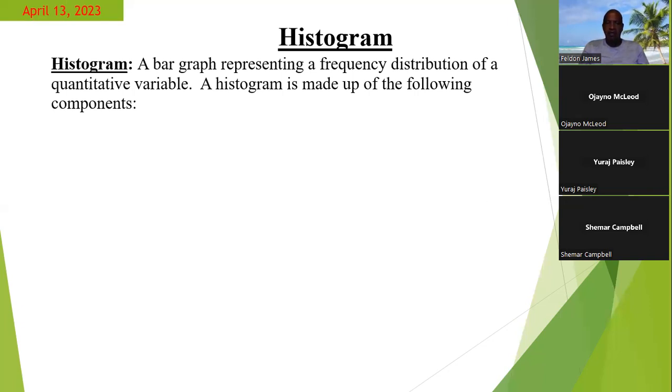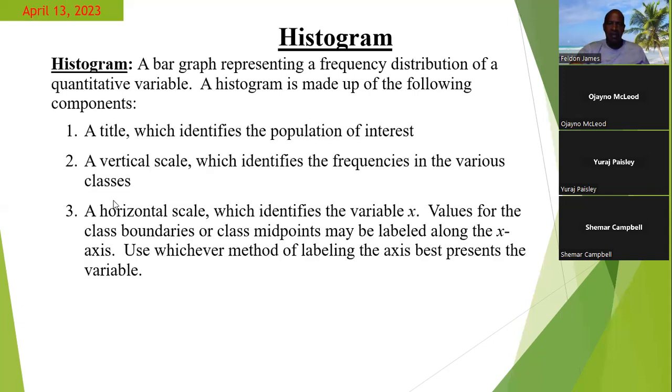For the histogram, we can do the same thing by using the height of the bar, but in some cases we can also use the area of the bar to represent the frequency. So the histogram has that versatility.